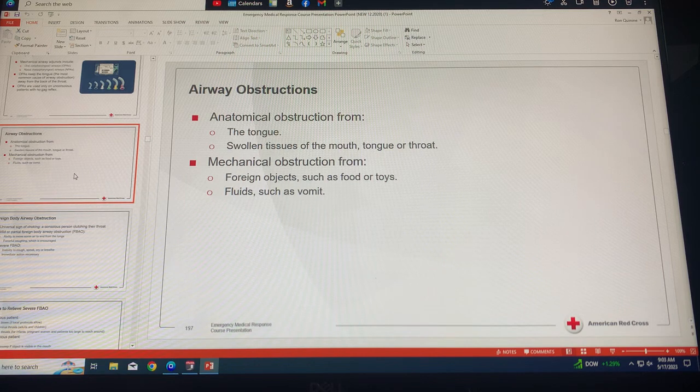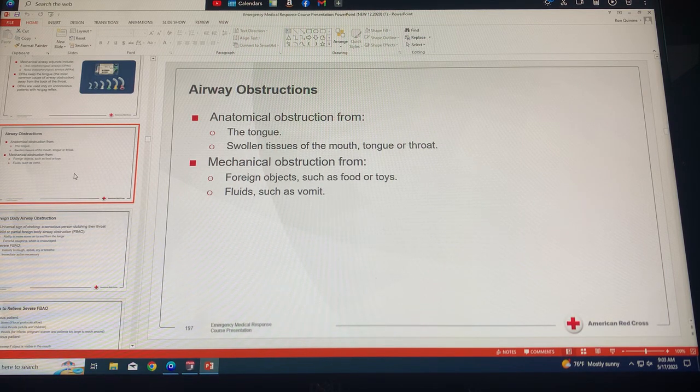Okay, now we have airway obstructions. You have two types of airway obstructions, anatomical and mechanical.